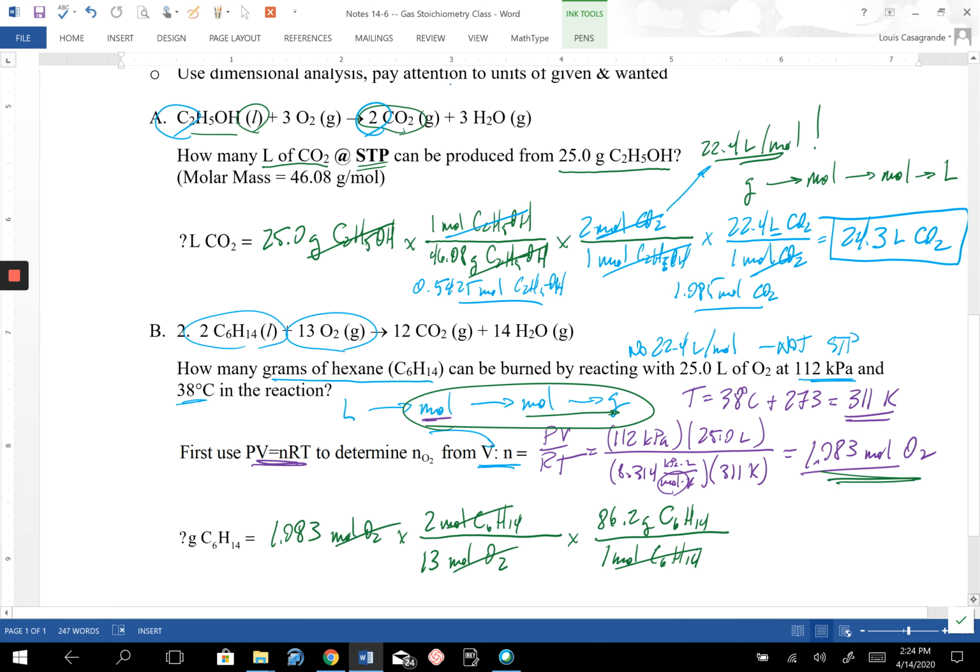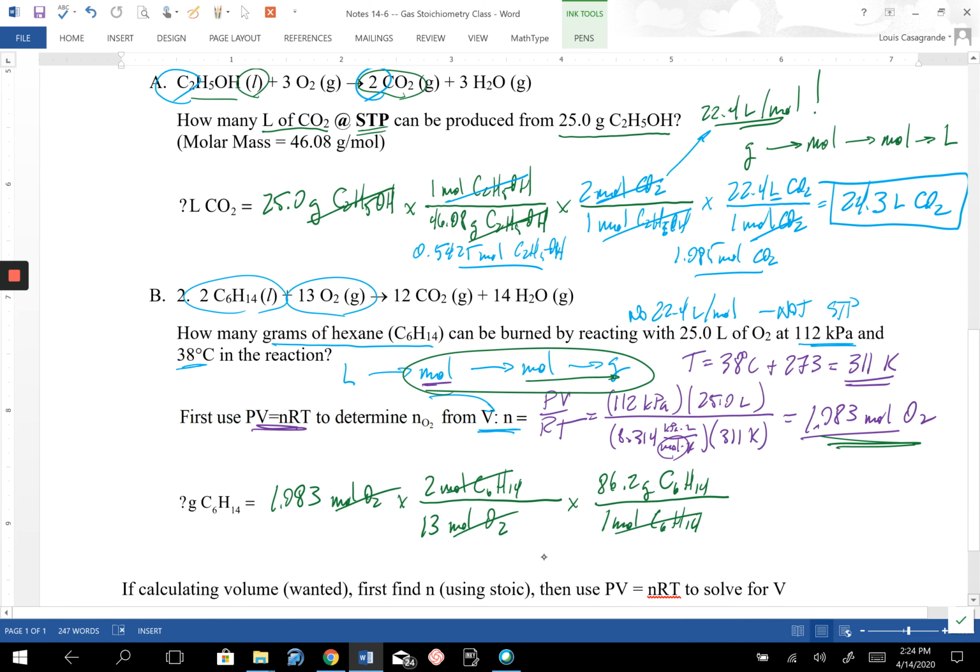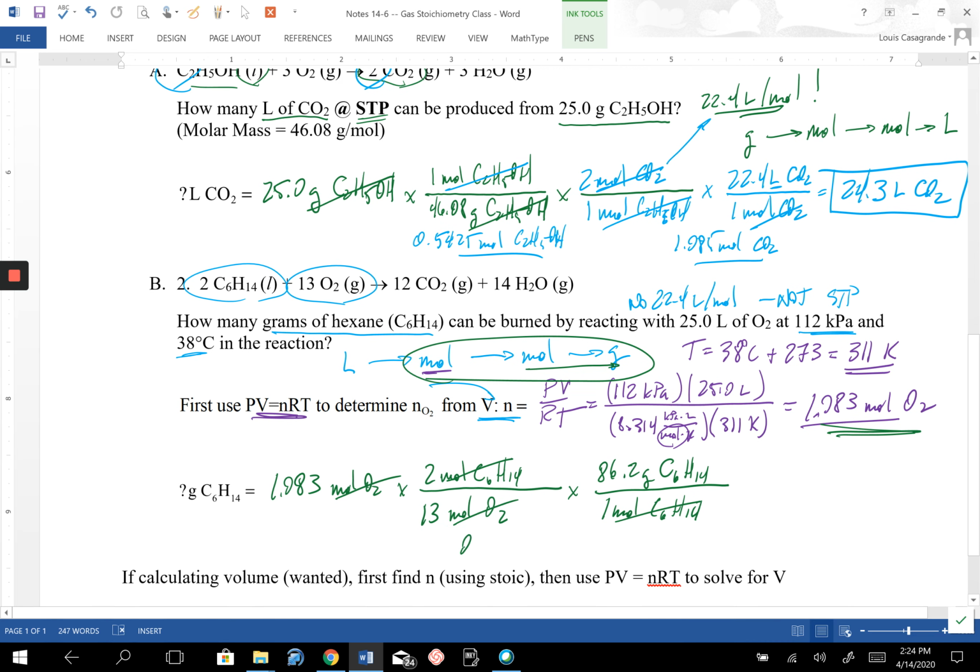If I were to stop and just give you the moles of the hexane, it would be 0.1666 moles of the hexane, in case you want to follow along there. And then multiply that by the molar mass of hexane, and that's going to get us 14.4 grams of C6H14 needed to burn, or react with, that much oxygen.